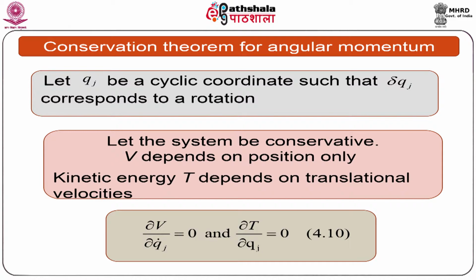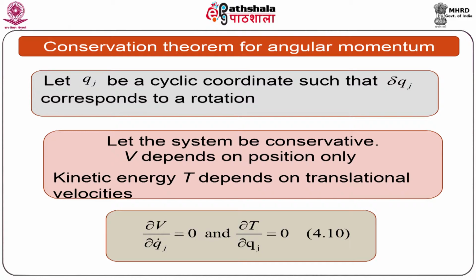Then Qj will be absent from the Lagrangian. Therefore, delta Qj corresponds to a rotation of the system of particles around some axis if Qj is a cyclic coordinate corresponding to rotation. Let the system be conservative.